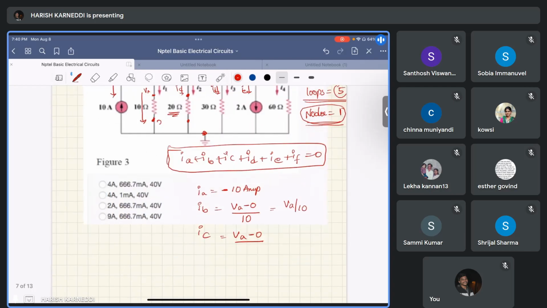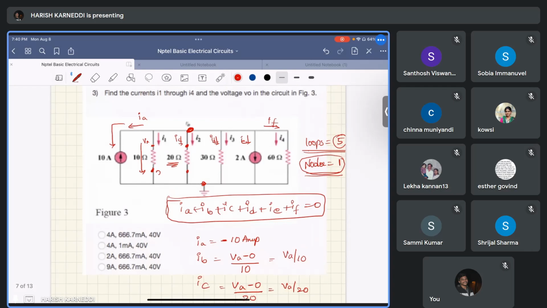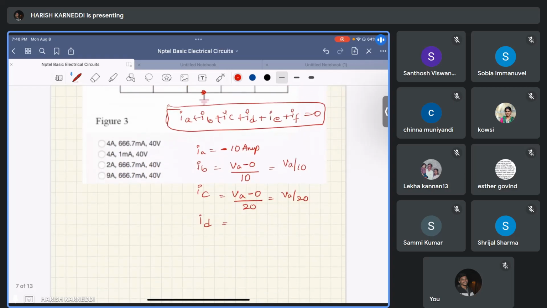So IC is VA by 20. Is it clear? Then ID similarly remains the same. It is the 30 ohm resistor connected between VA and the reference node. So VA minus 0 by 30 ohm, that is VA by 30.